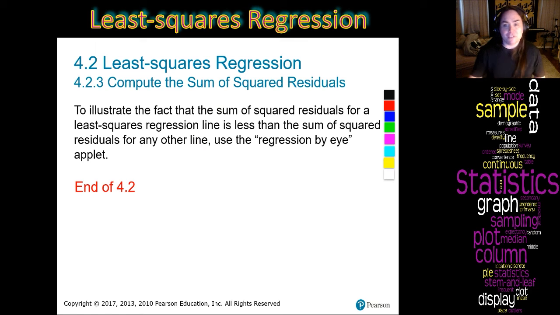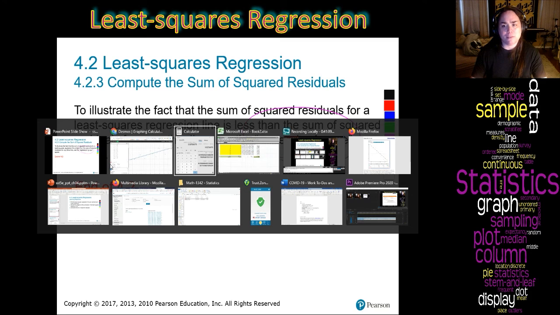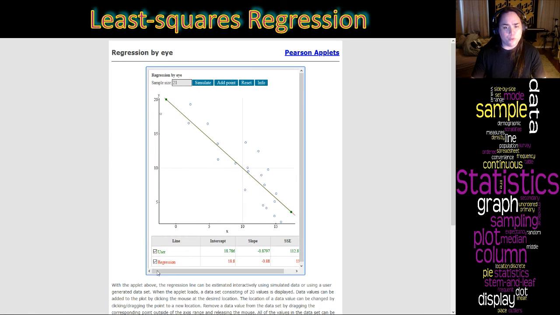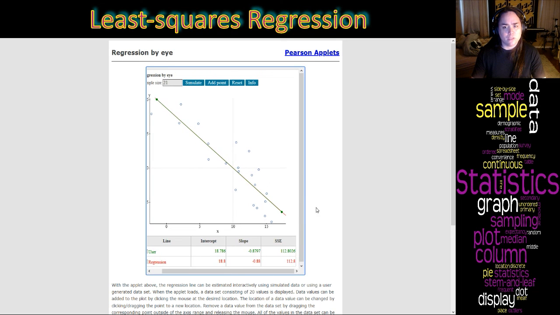And this just says that we can use that regression by eye applet to illustrate the fact that the sum of squared residuals for a least squares regression line is less than the sum of squared residuals for any other line. If I go back to that applet and I show the regression line, it's right here.